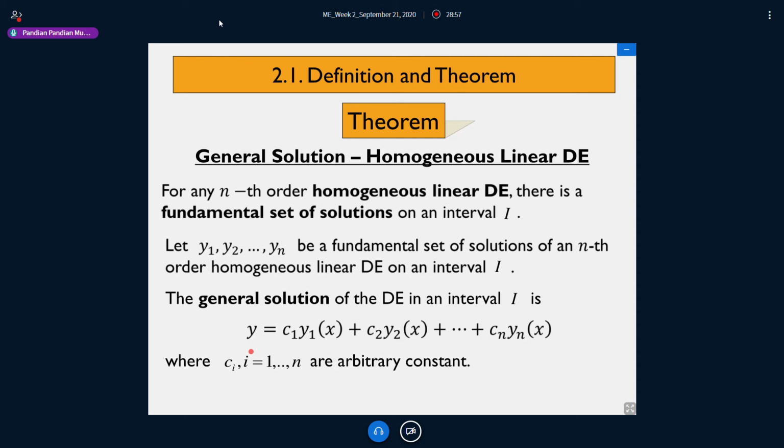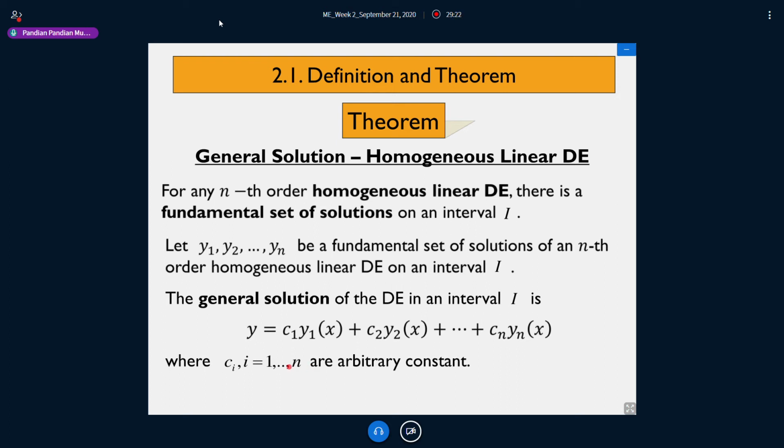The y1, y2 are the independent solutions, depending on the nth order. If it is third order, you have y1, y2, y3. If it's fourth order, you have y1, y2, y3, y4. So you combine all and make it y. What is y? y is called the general solution.